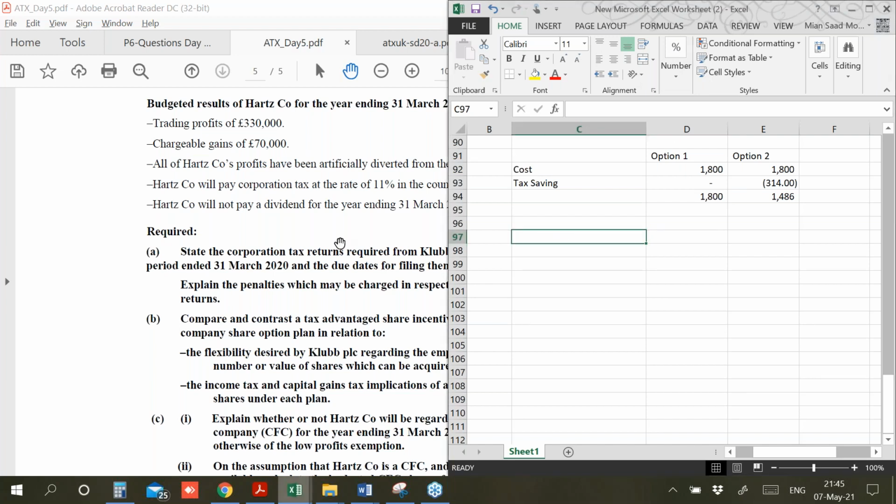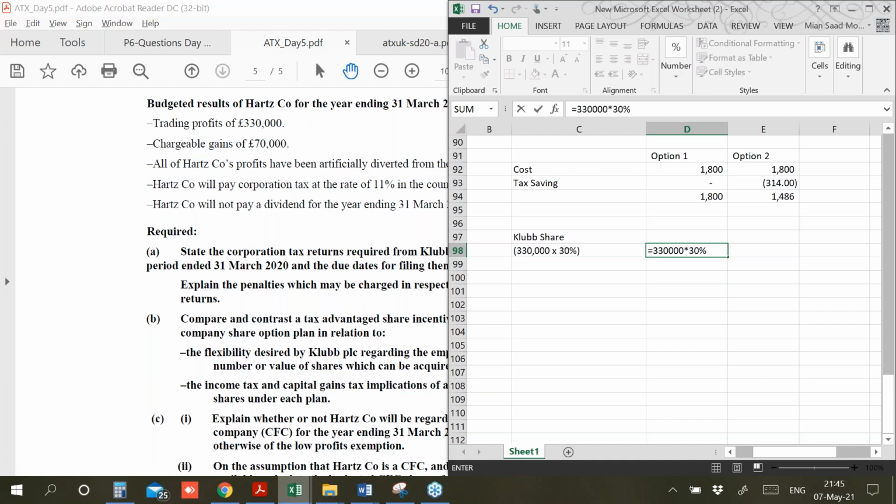Our share is 30% of the total profit. So 330,000 times 30% will be 99,000. So the CFC charge will be on 99,000.